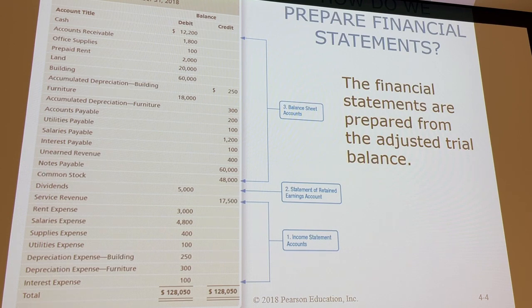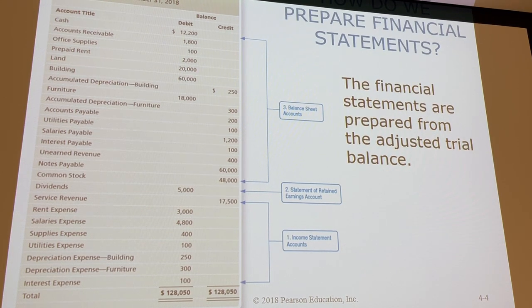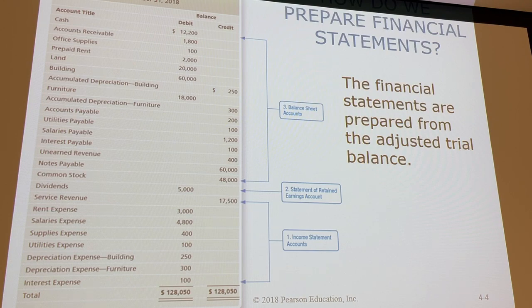The ones listed in the middle, and there are not very many of these, are the ones that are going to go on the statement of retained earnings. And the ones near the bottom will go on the income statement. So then it'll be very easy to just move these accounts over to the appropriate financial statements.